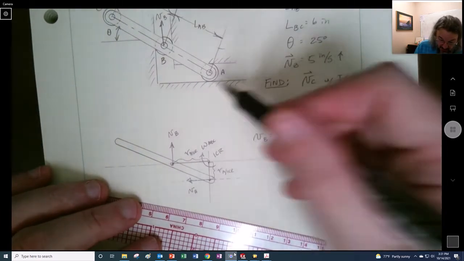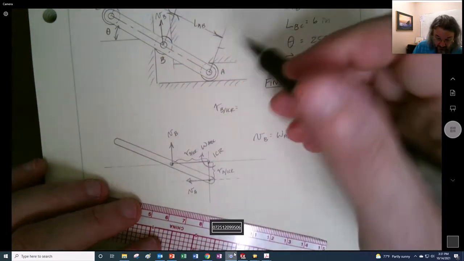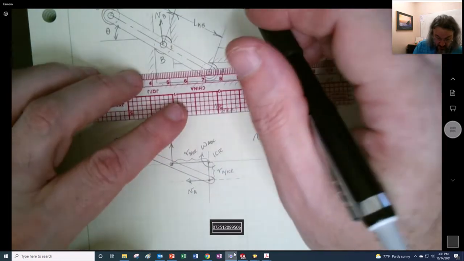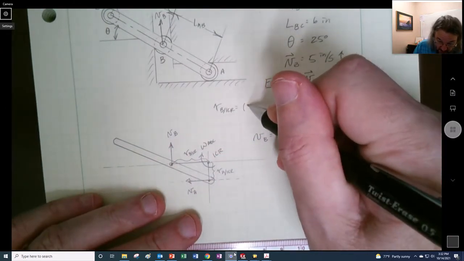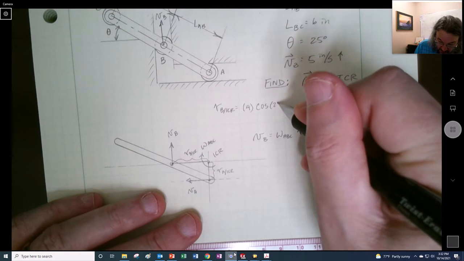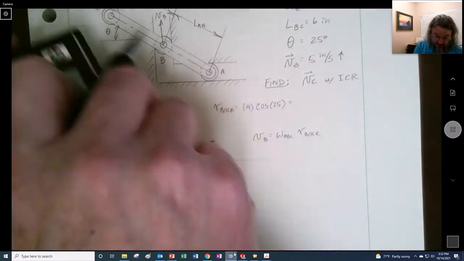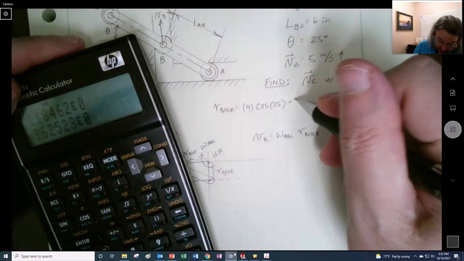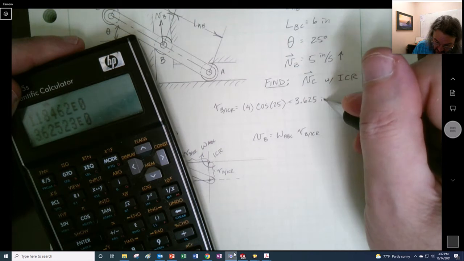We can find that R of B with respect to ICR easily enough because we know this length AB is 4 inches. Since this is 25 degrees right here, the distance is going to be 4 times the cosine of 25 degrees. Let's see, 25 degrees, cosine, and then 4 times, so we get 3.625 inches.